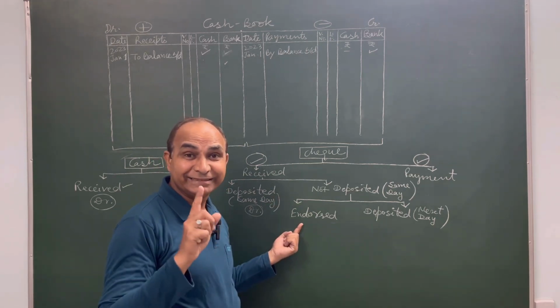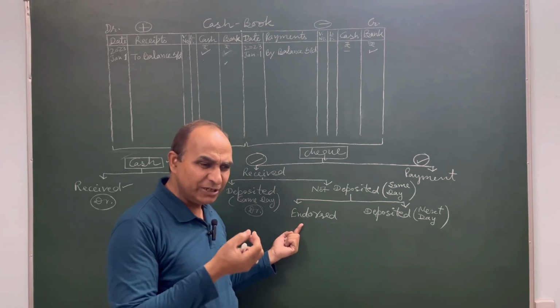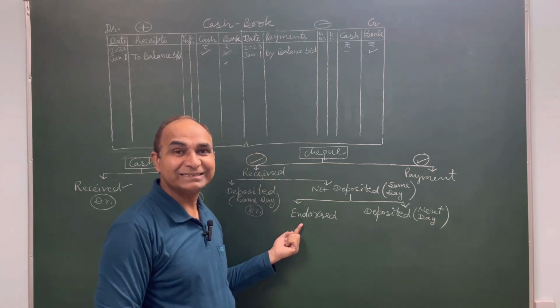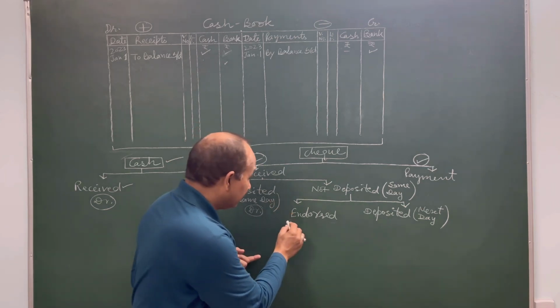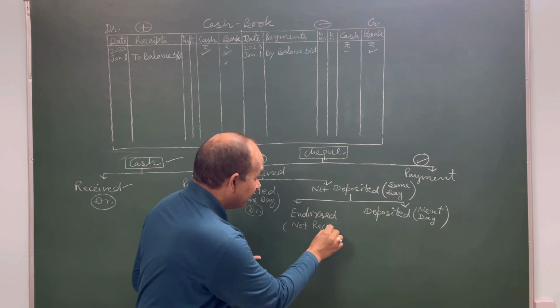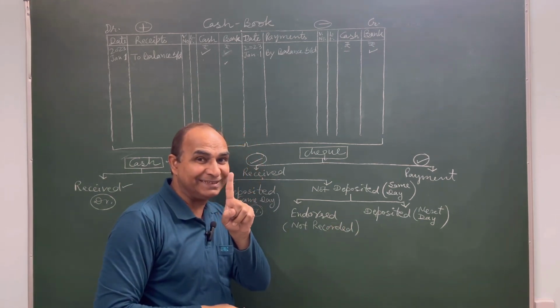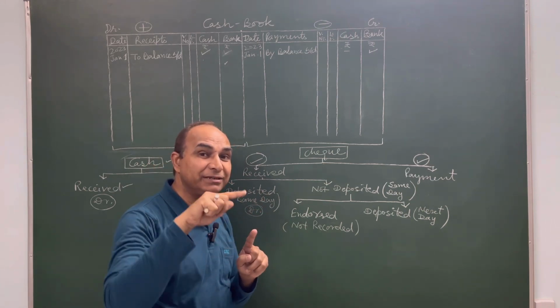Endorsed means the check is not deposited into the bank, but we used the check for making payment to the creditors. That is called endorsement. If the check is endorsed, that is not recorded in the cash book. That will be recorded in the journal proper. Its journal entry will be in the journal proper.